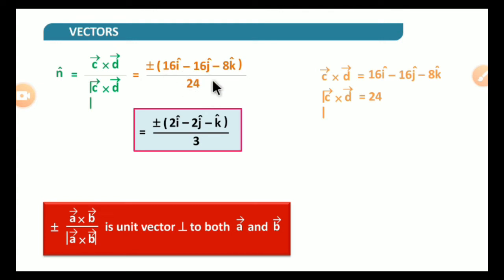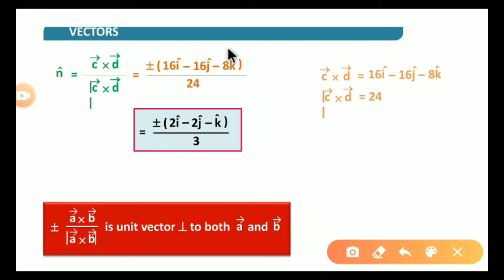Therefore, after taking 8 common from the numerator, and here in the denominator is 24, right? After the cancellation, the remaining is plus or minus 2i minus 2j minus k divided by 3. So that is the unit vector perpendicular to both a plus b and a minus b.